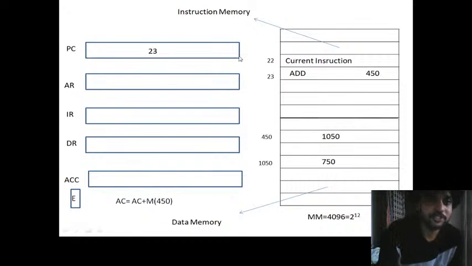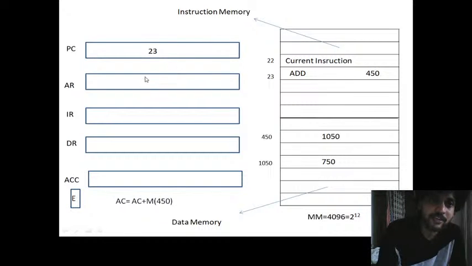What is address register? Here this is address register. Let me give you a small recap of all these registers. Every time you have to go to main memory, you do need an address, right? That is not enough.